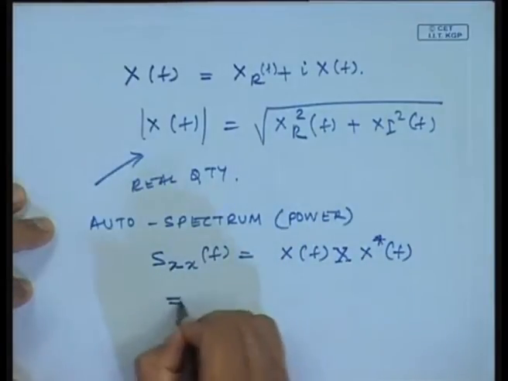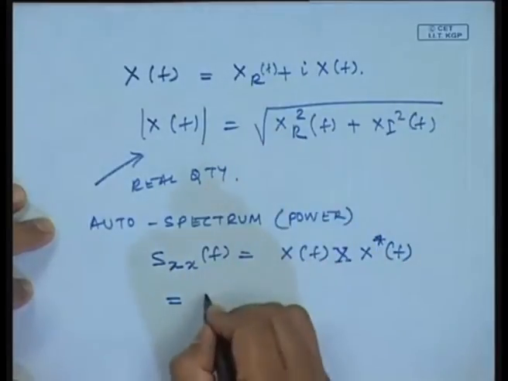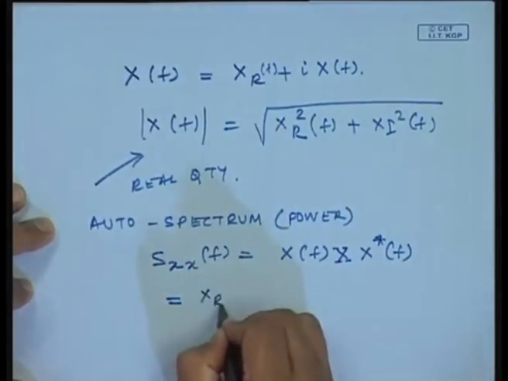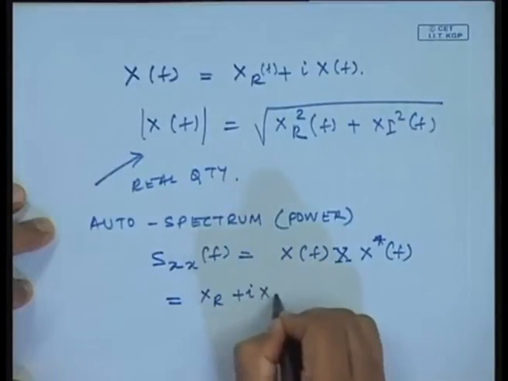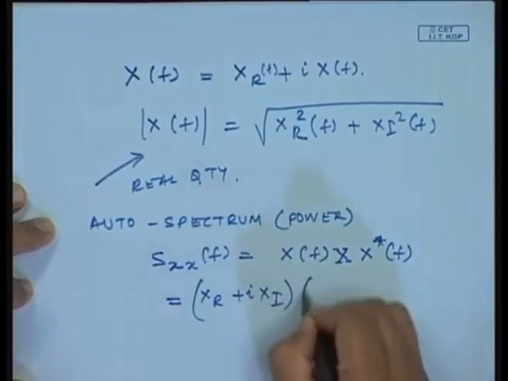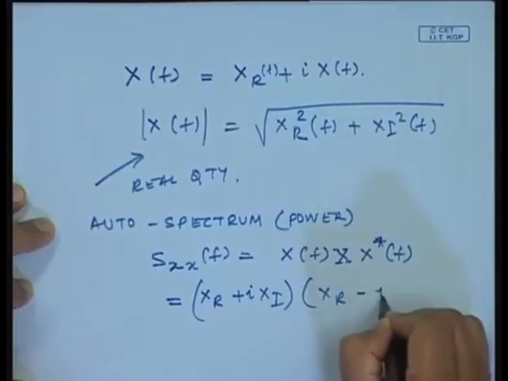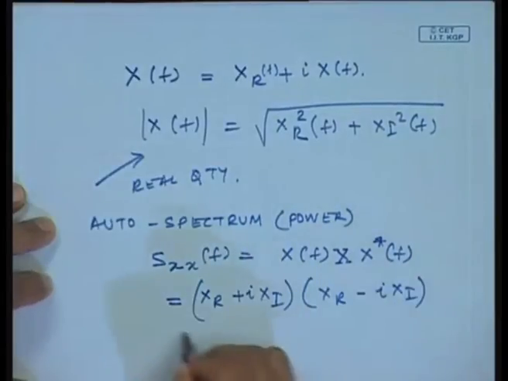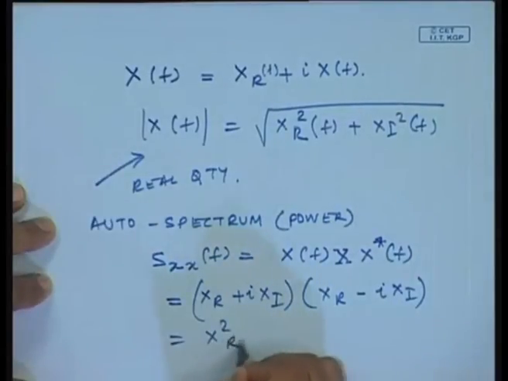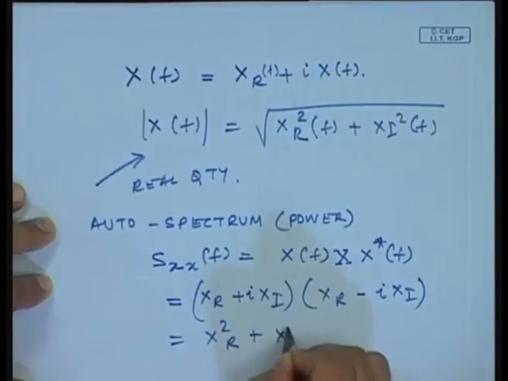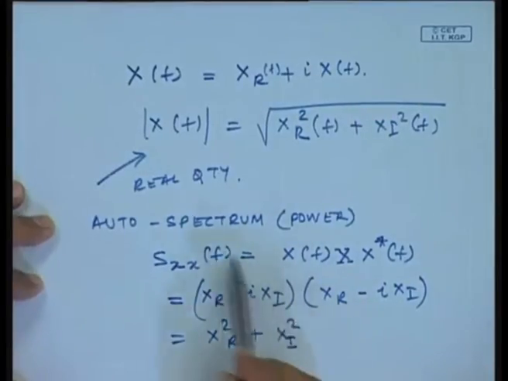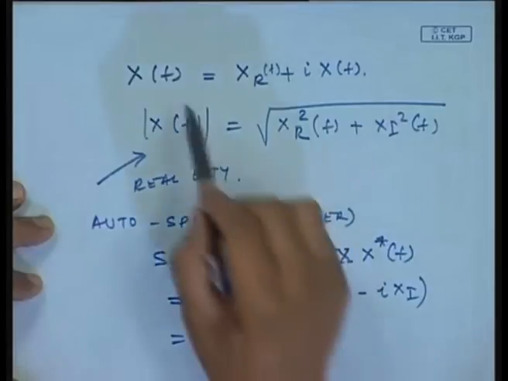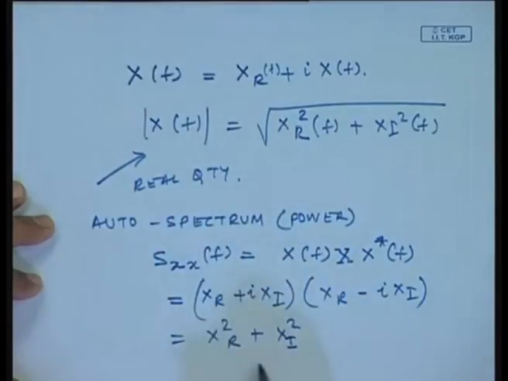So, this will boil down to, if I use the real and imaginary notation, (Xr plus iXi) times (Xr minus iXi). So, you see, though the FFT is complex, the auto power spectrum is a real quantity.